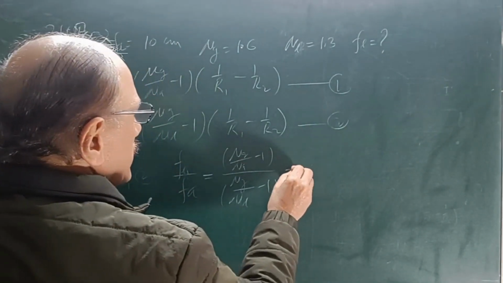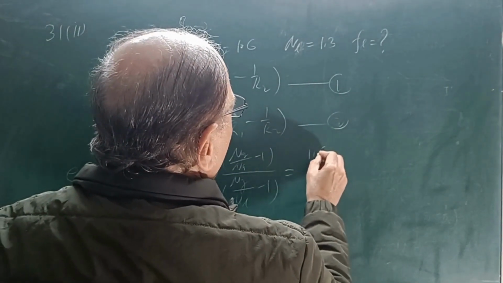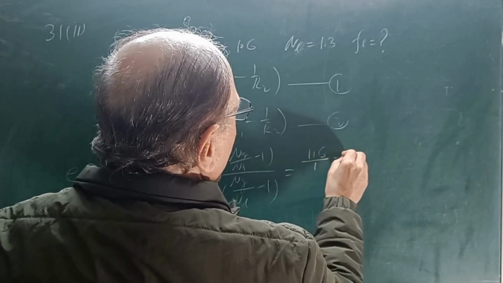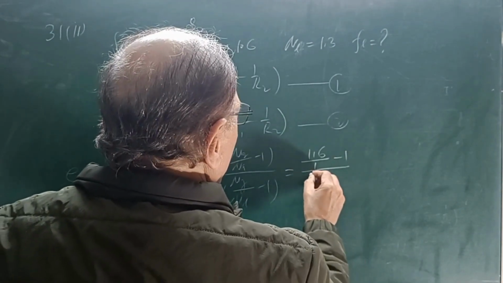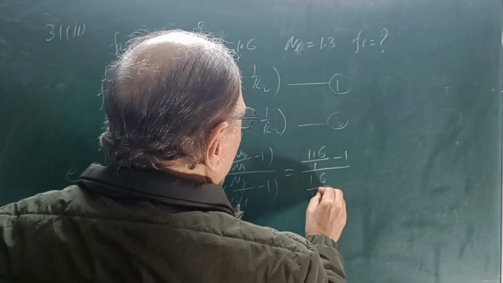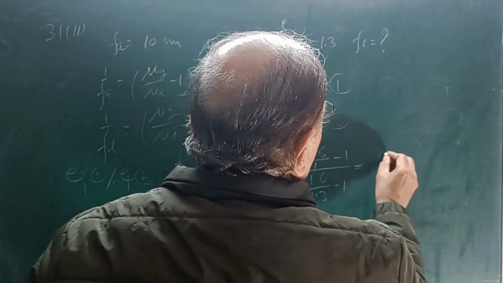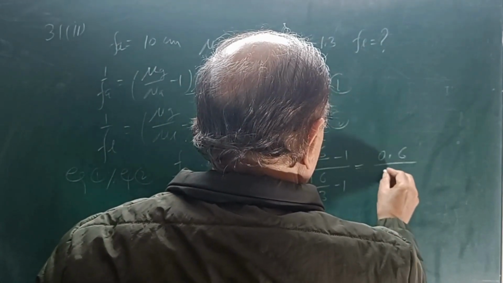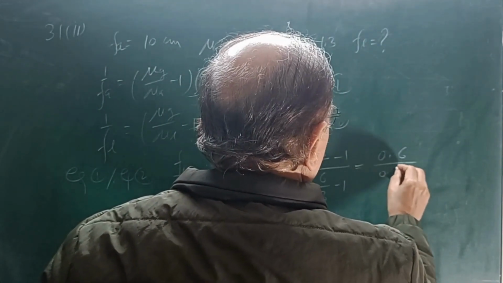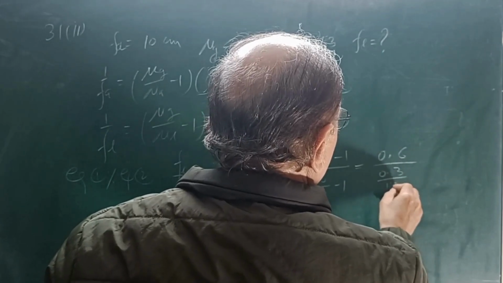cancelled out. So you can say mu G is 1.6, air is 1, upon mu G is 1.6 upon 1.3 minus 1. So that is equal to 0.6 upon 0.3 upon 1.3.